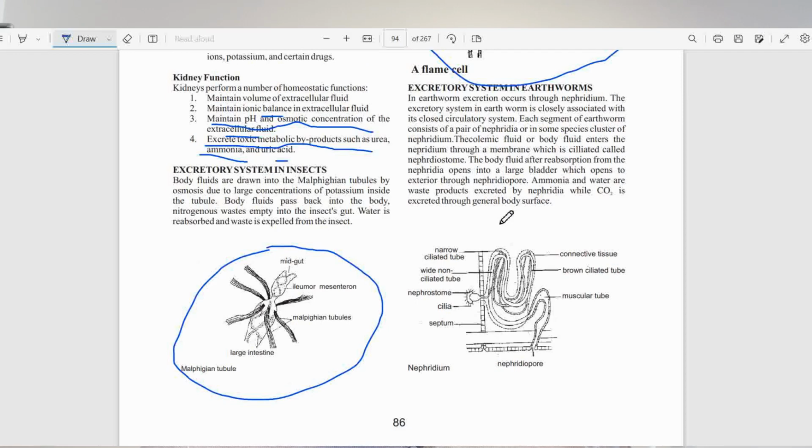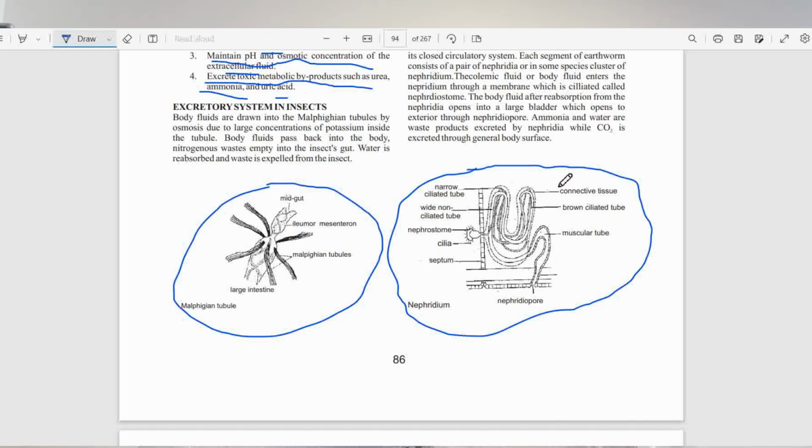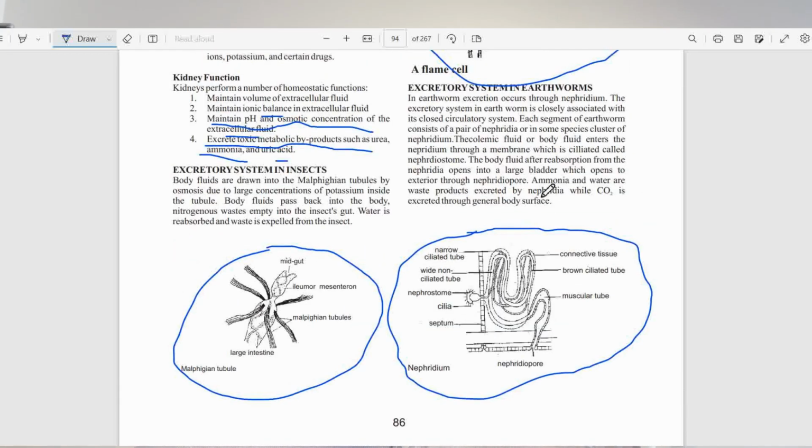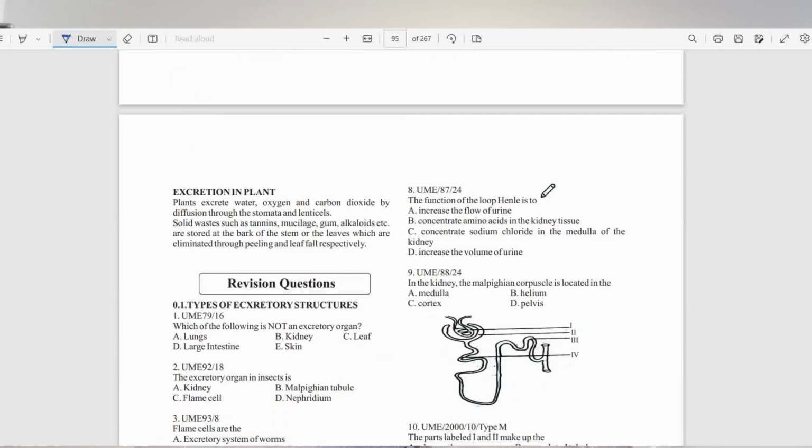Then a quick mention would be the excretory system in the earthworm. They make use of the nephridia. This is what that looks like. It's important to be able to identify and probably label these different structures in these organisms. So the nephridium is the excretory system in the earthworm.